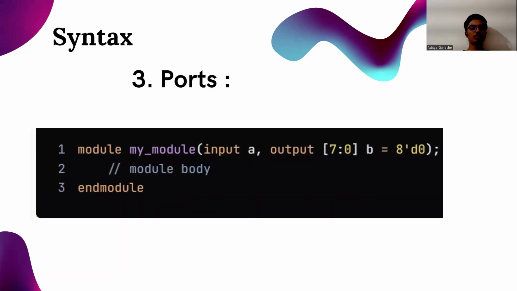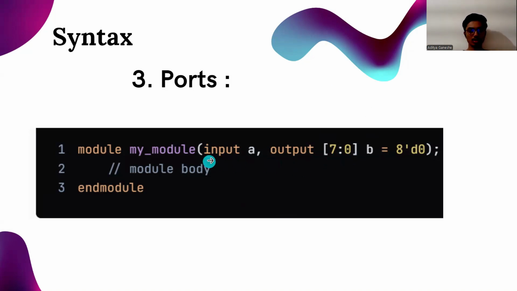Then come our ports. Ports are the inputs and the outputs of a module that define how it interacts with other modules, meaning they can be input, output, or in-out. Each port must have a name and can be assigned default values.